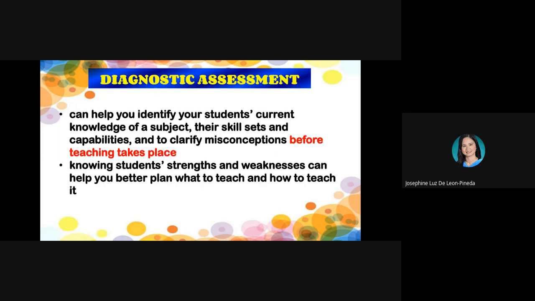Previously in our discussion, I have emphasized diagnostic assessment as part of the assessment for learning. And here, it really shows that diagnostic assessment looks into the strengths and weaknesses of students for us to better plan, for us to have this specific target and strategies for students to learn better.